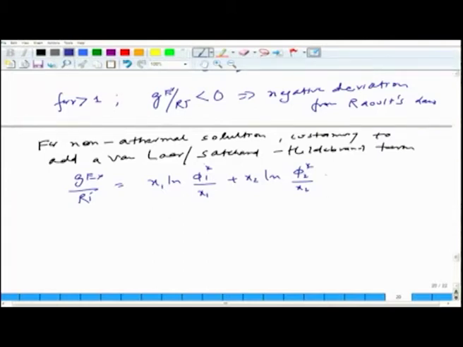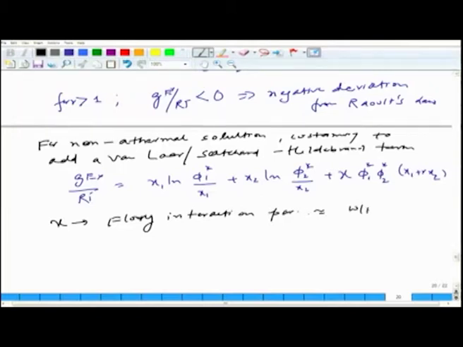Now for non-athermal, I am going to add this term. So this is due to the van Laar Scatchard-Hildebrand term. In this case, this chi parameter is called the Flory interaction parameter and is determined by the intermolecular forces.